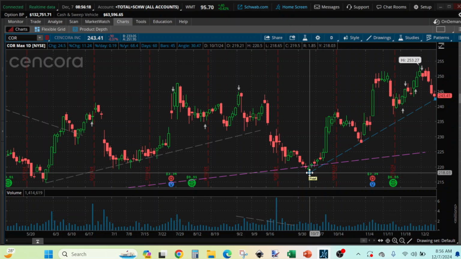I need to take the color out of there, and we can see if we have some plant on it. COR. Okay.